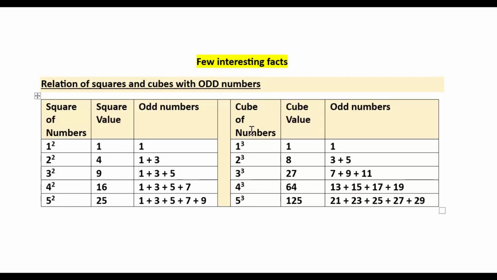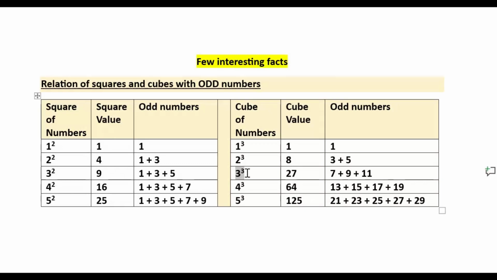Now let's take a look at the cube for this. The cube of 1 is 1, the cube of 2 is 8. For the cube of 1, the first odd number is 1. Now the cube of 2 is the sum of two odd numbers, but not the first two. Since we have taken 1, it has to jump to the next odd numbers, 3 and 5.